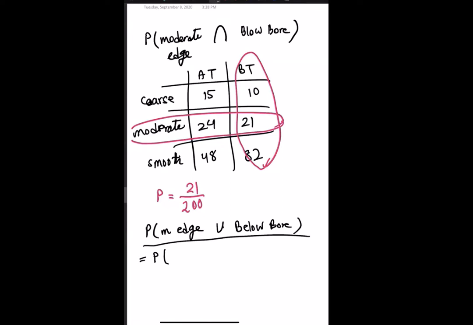M union B. Probability of M, moderate age, plus probability of below target bore, minus probability of moderate age intersection below target bore.